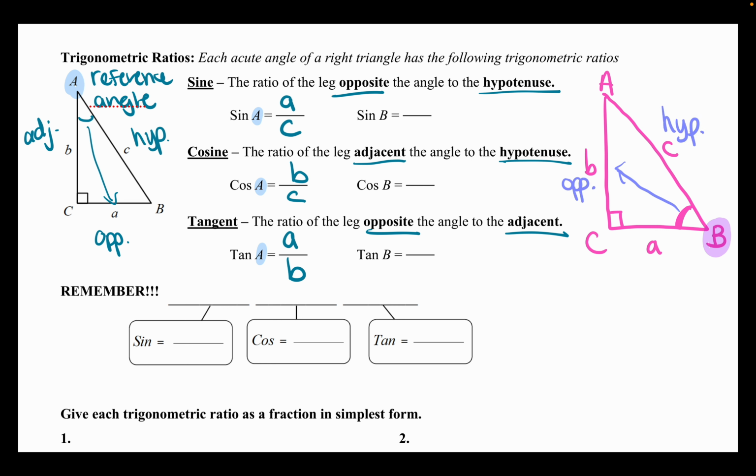C is still hypotenuse, but now A is your adjacent. So the sine of B is going to be B over C. The cosine of B is A over C. And the tangent of B is B over A. So it is different with different reference angles.